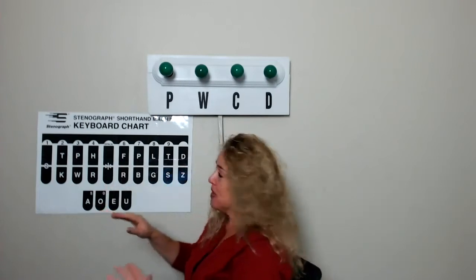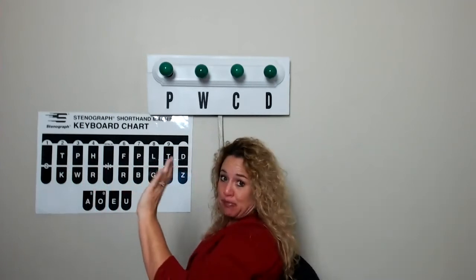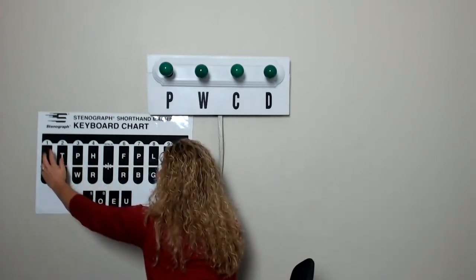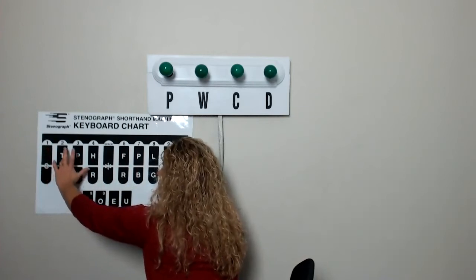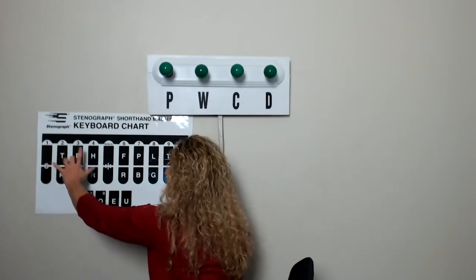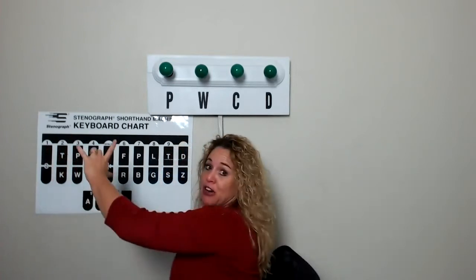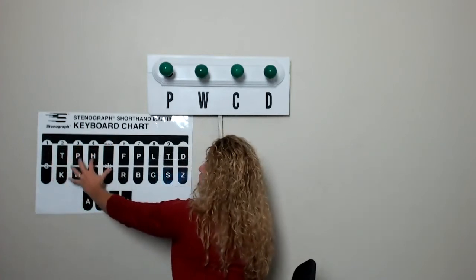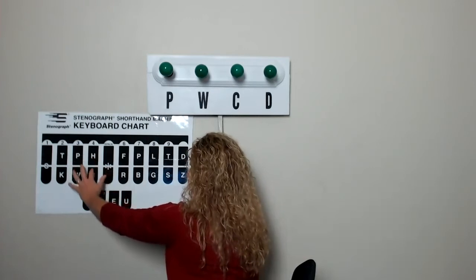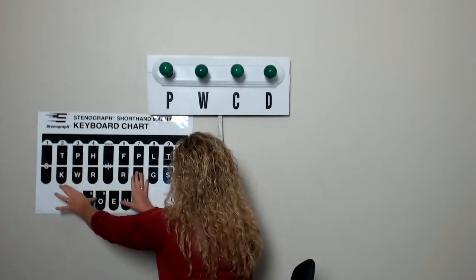So if I have my hands in home position, I know that my pinky on my left hand is going to be used for the initial S. Then my ring finger, I'm only going to use the T and the K for my ring finger on my left hand. My PW, I'm only going to use my middle finger on my left hand. The HR, I'm only using my left hand index finger. The AO, I'm only using my left thumb.